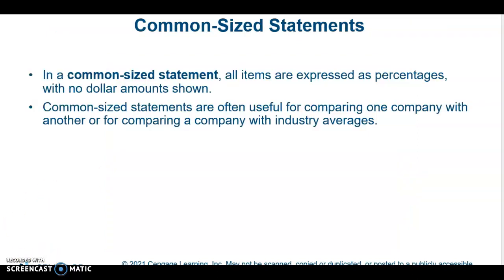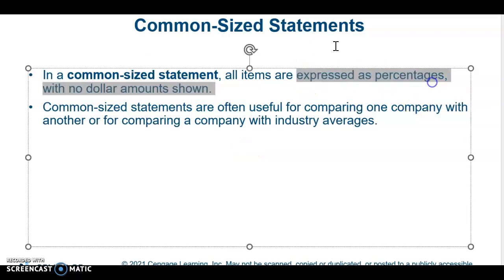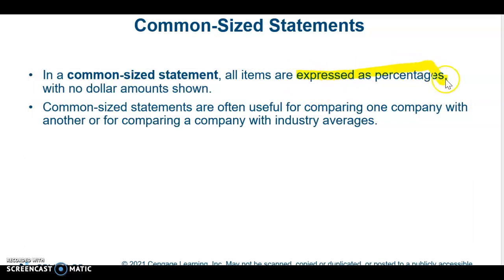Now we're going to look at common size statements. And this is going to use what we just learned, and all items are going to be expressed as percentages. So there will be no dollar amounts on a common size statement. And this is useful when you're comparing one company with another, or when you're comparing a company with the industry averages.